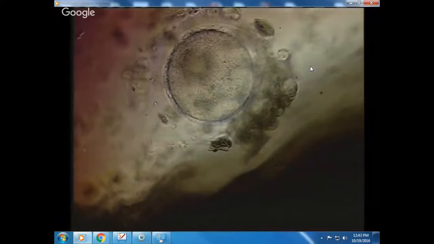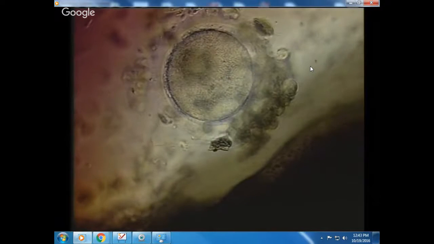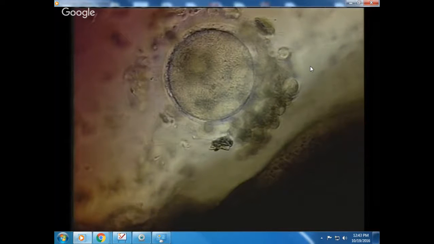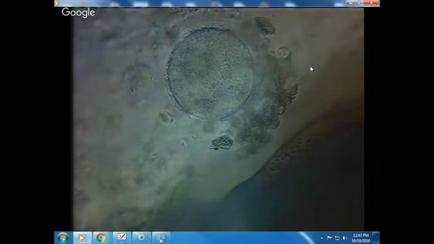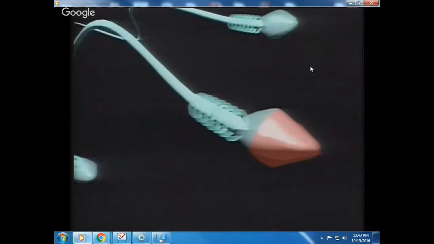When they get there, they encounter the final and most imposing barrier of all, the egg's protective shell. On the cellular level, this dense cement-like ring is the equivalent of a castle wall 30 feet thick. Special measures are called for. Arriving at the egg, enzymes carried in the sperm's body rush to the surface and form a chemical battering ram.